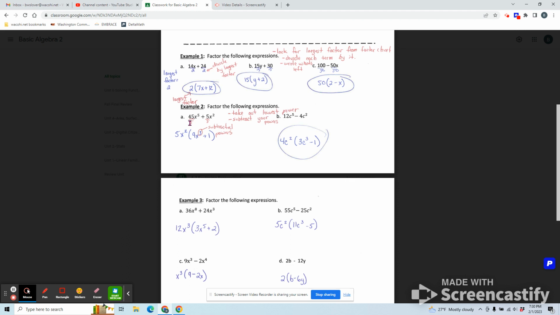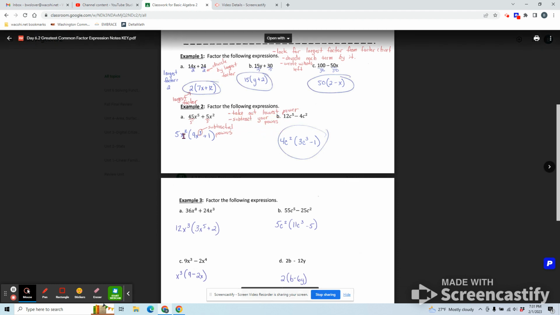Just like in the previous problem, I'm going to divide my coefficients. 45 divided by 5 is 9. 5 divided by 5 is 1. I have a plus sign and a plus sign, so that part matches what we did in the last example. The new step is that we need to subtract our powers because we took out an x squared.